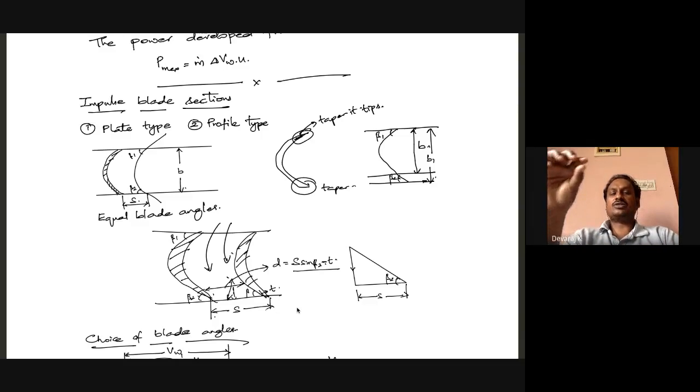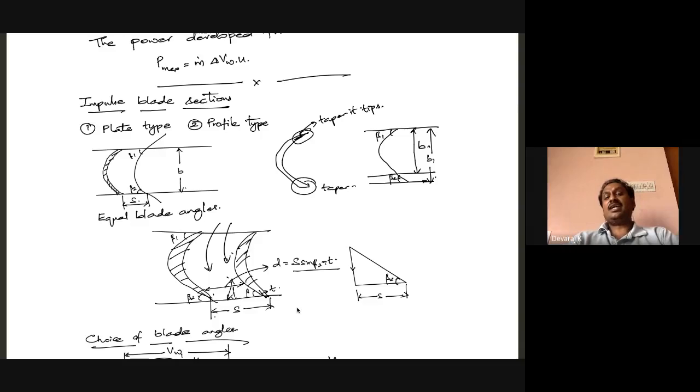We can have the constant thickness, or you can have the taper type. So when you are tapering, the tips are tapered, or the angles are different. My blade width may be B. If you call B2 that particular length, B1 will be the extension. So I will be getting a different profile.